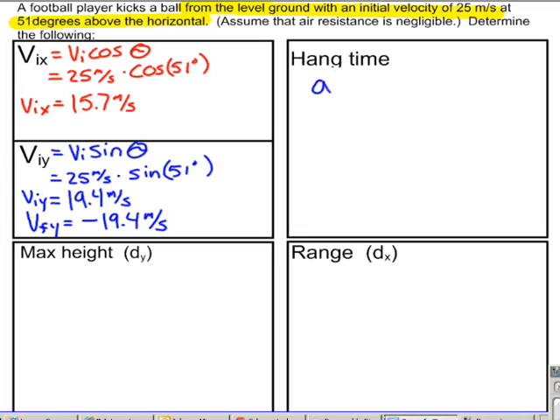Now, to solve for hang time, I'm going to use the formula average acceleration in the y direction equals change in velocity in the y direction divided by time. If we rearrange that for time, we get delta v_y over a_y.